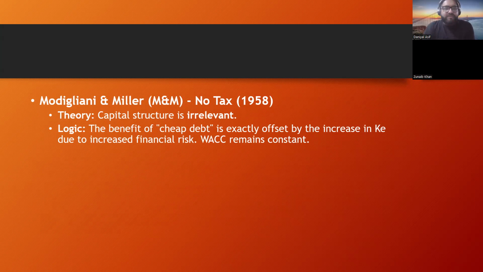So basically, what do they say? They say that the benefit of cheaper debt is offset by the expensive cost of equity, and due to the increased financial risk, the WACC always remains the same. What they mean is that in a tax-free world, where tax does not exist, you do not have to rely on an optimal capital structure.